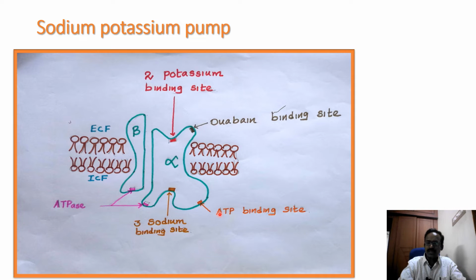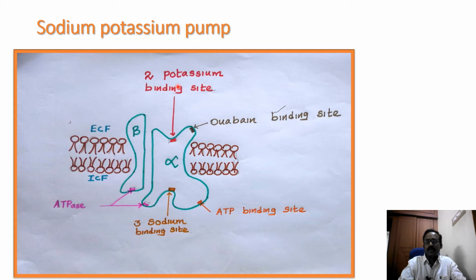That phosphate is attached to the aspartic acid residue. It produces phosphorylation, which produces structural changes. It pumps the 3 sodium ions to the outside. Conformational structural changes move the 3 sodium outside.